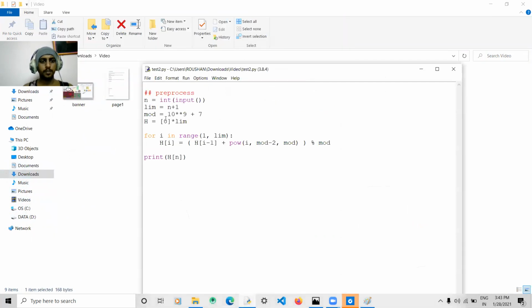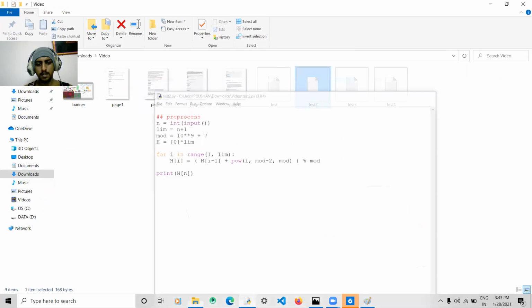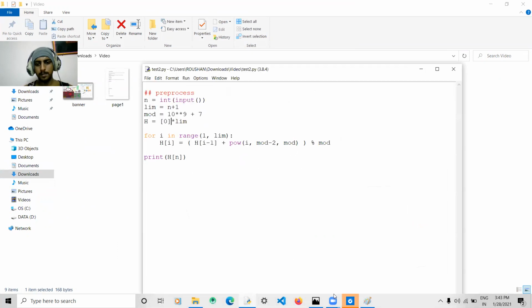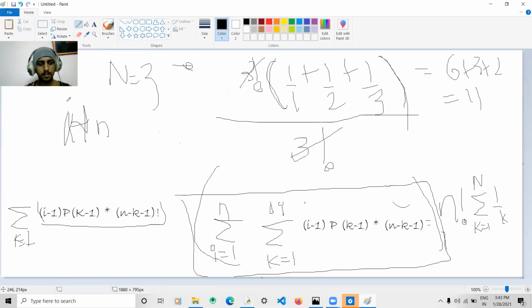So this is our code. Very simple. We take n and we define our mod. We are simply calculating Hn.